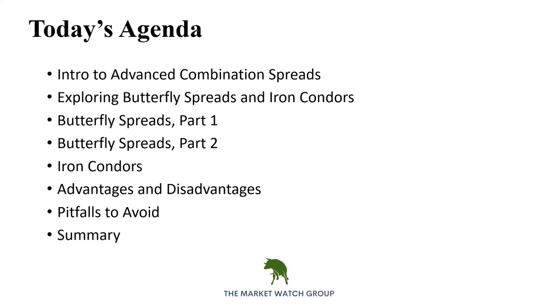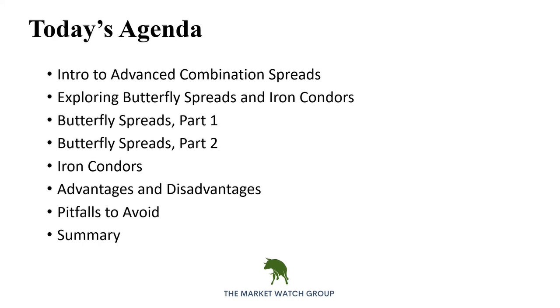Now, here's what's interesting, you can have an iron butterfly and you could have a standard condor. We tend to do long butterflies and short condors, meaning it's a debit on the butterfly and a credit on the condor. We'll see why.